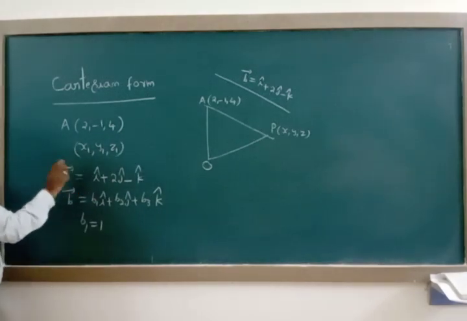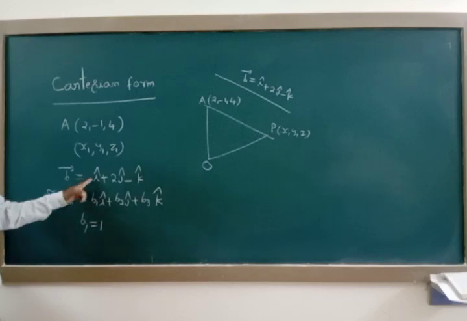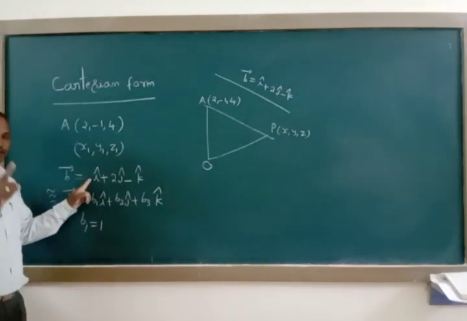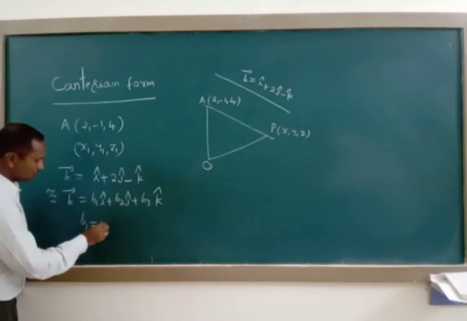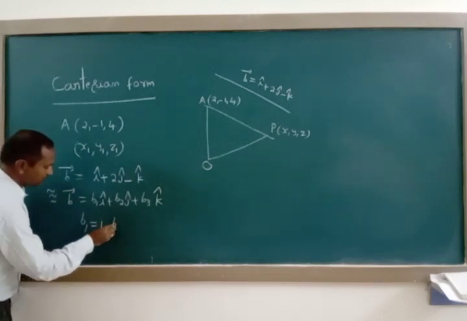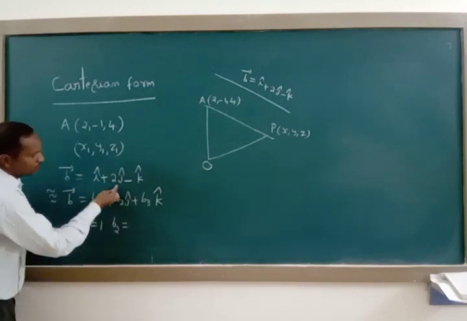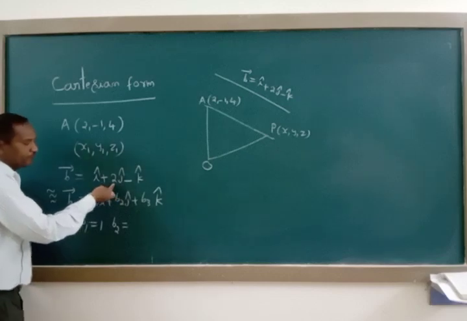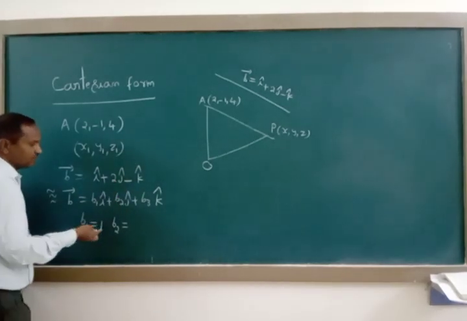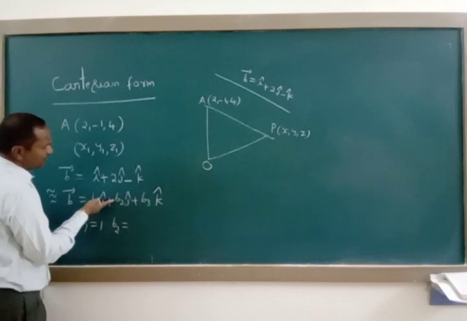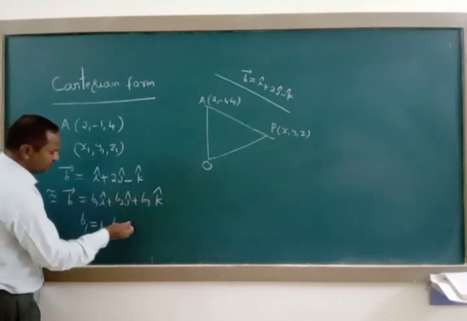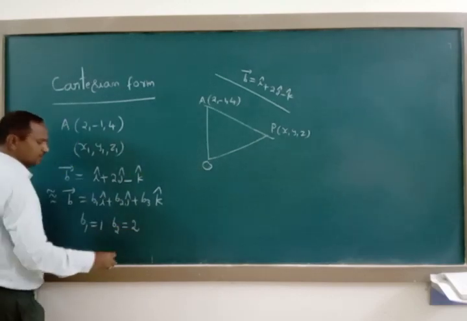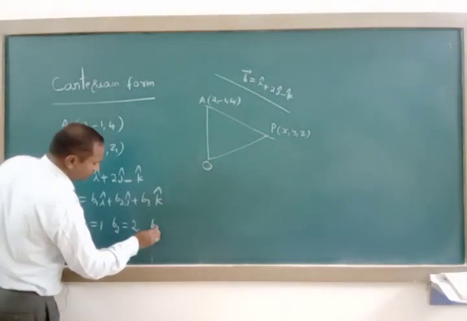Beside i cap there is nothing, so we must consider the i cap coefficient as 1 here. And b2 is equal to 2, since beside j cap we see 2 as the coefficient of j cap. Next, b3 is equal to minus 1.